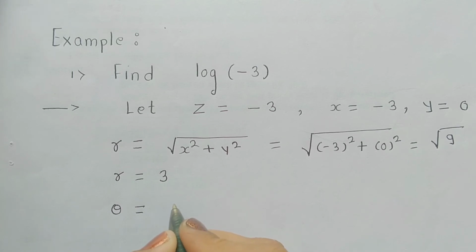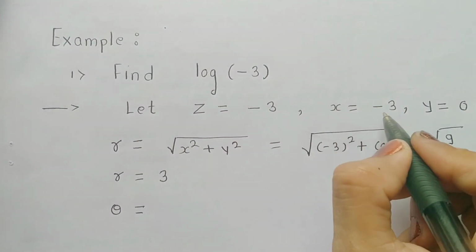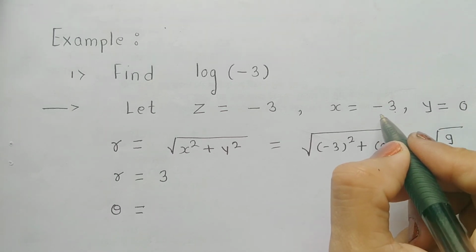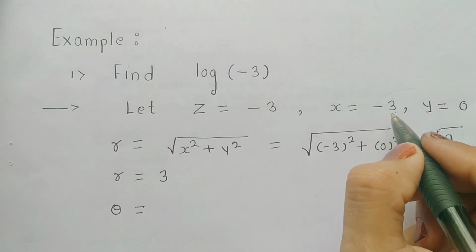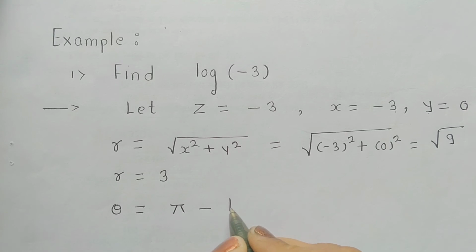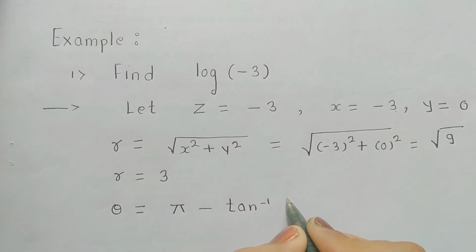Now find out the value of theta. Here x is equal to minus 3 and y is equal to 0. What does it mean? Theta lies in the second quadrant, and according to the second quadrant the value of theta is pi minus tan inverse of y upon x.